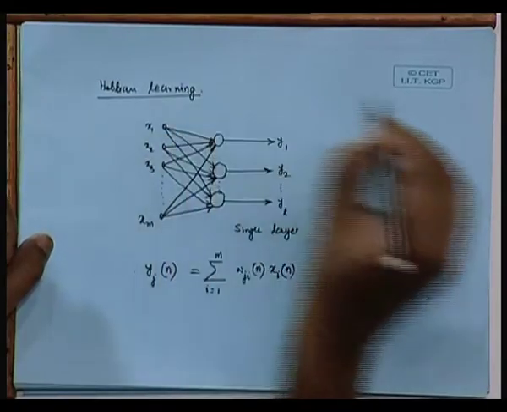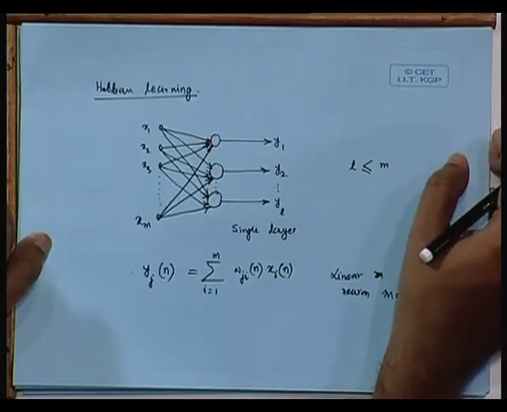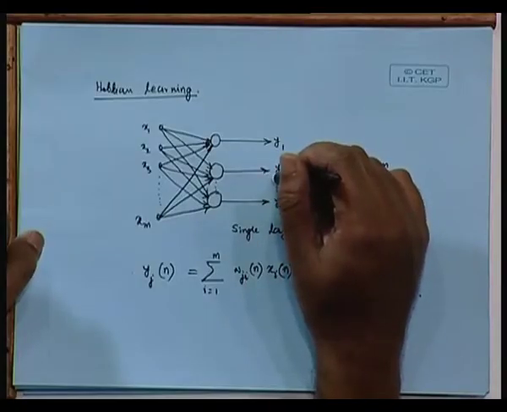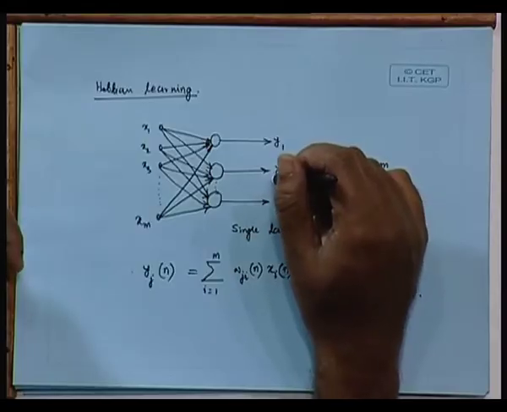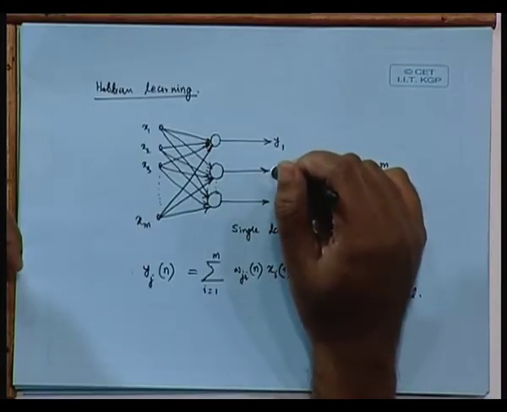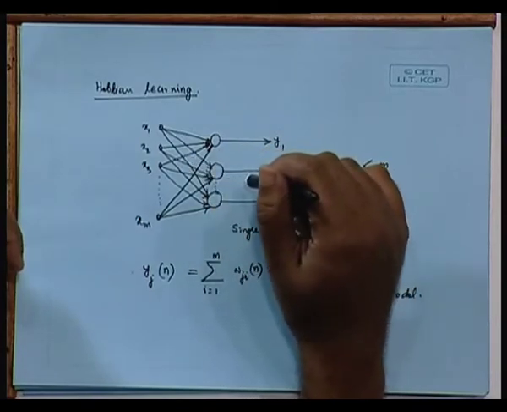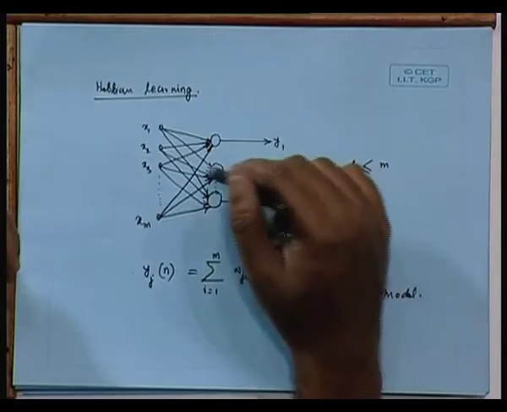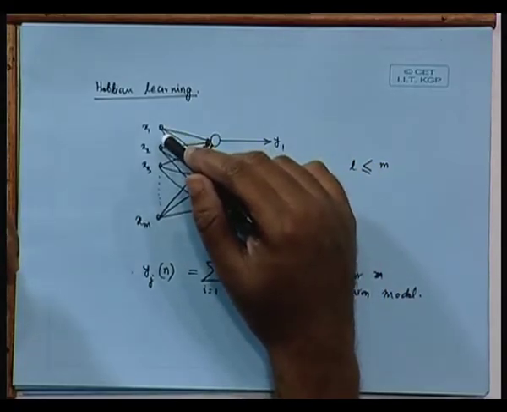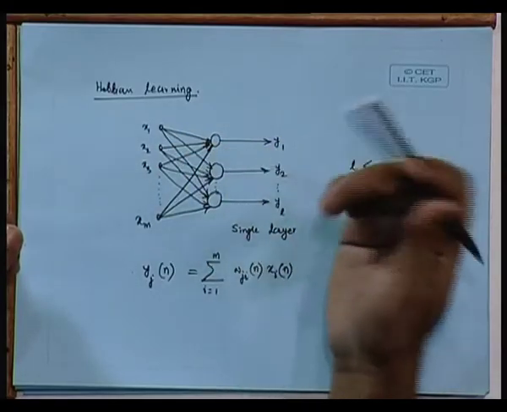If you are considering the synaptic weight updating of wji, whatever is connected to the jth neuron, then all the synaptic weights connected from the ith input to the neurons earlier than this j also have to be taken into consideration, because Hebbian learning is a mechanism of a positive feedback type.